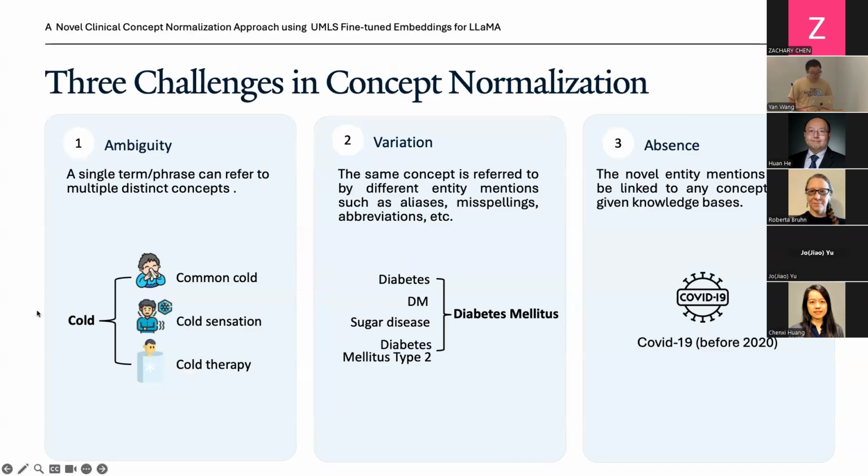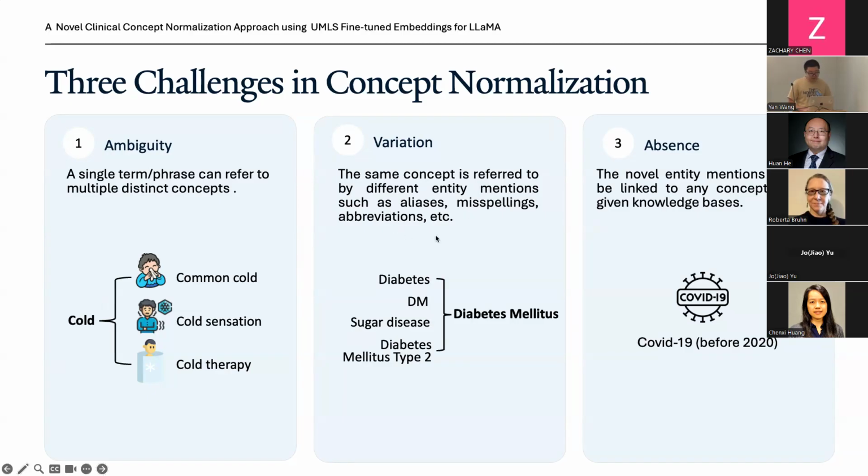For example, when the word code appears in the text, it probably means a kind of condition, a common cold, or an observation, cessation, or a procedure, therapy. Variation refers to the same concept being represented by different entity mentions.